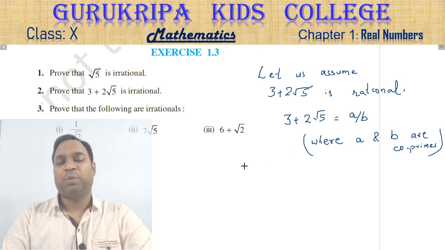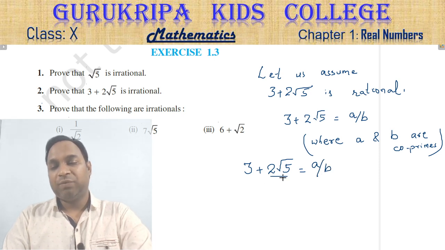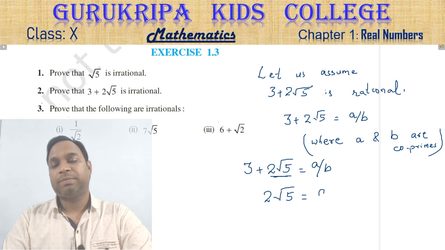That means what do we get? 3 plus 2 square root of 5, this is equal to a upon b. We will leave this on one side and bring this 3 on the other side. So we get 2 square root of 5 is equal to a divided by b minus 3.